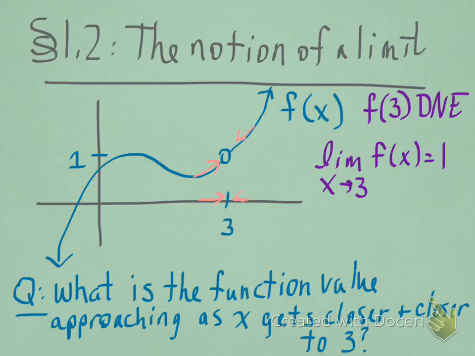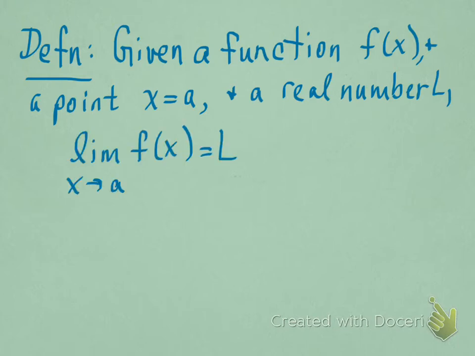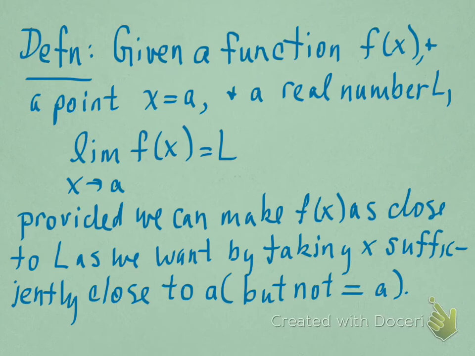Now let's give a precise definition for that, or quasi-precise. So given a function f of x, a point x equals a, and a real number L, we say that the limit as x goes to a of f of x equals L, provided that we can make f of x as close to L as we want by taking x sufficiently close to a but not equal to a.